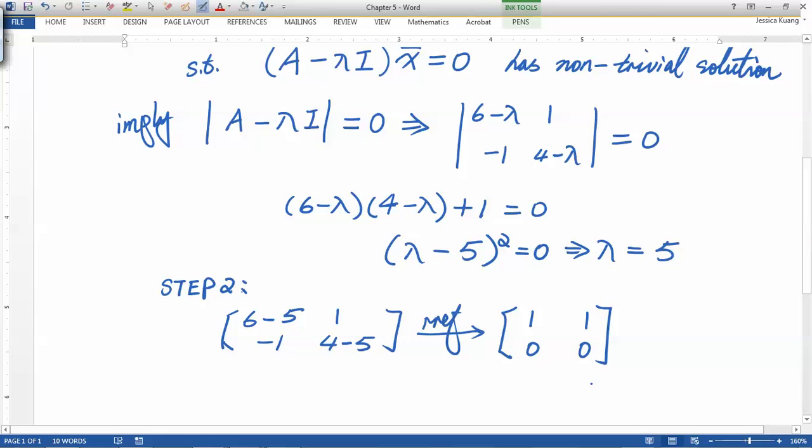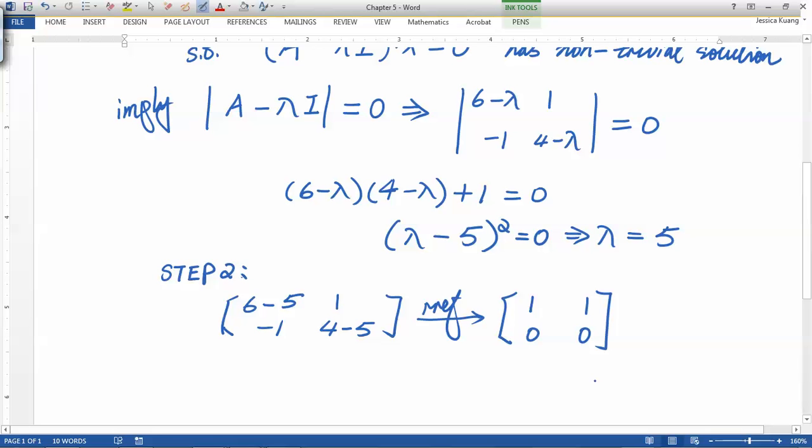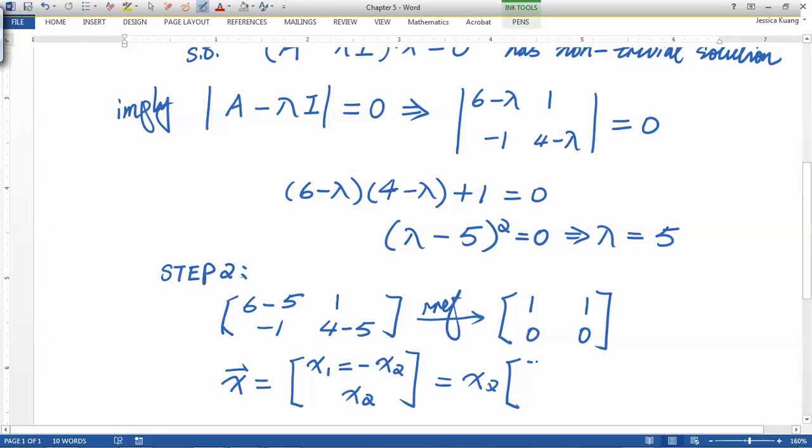So that means my x2 is going to be a free variable, and x, my eigenvector, equals x1, which equals negative x2, and x2 is my free variable. Let's factor out that x2, and I will end up with negative 1 and 1.